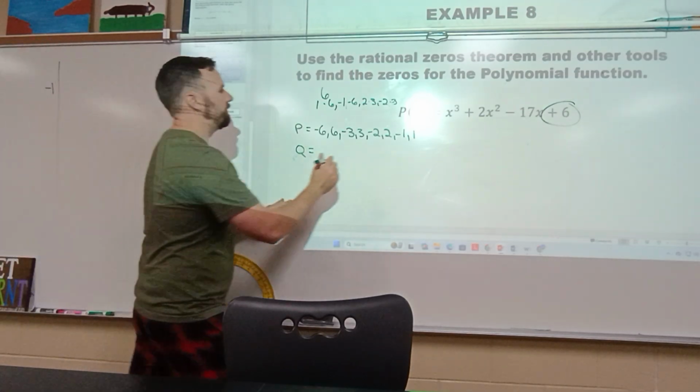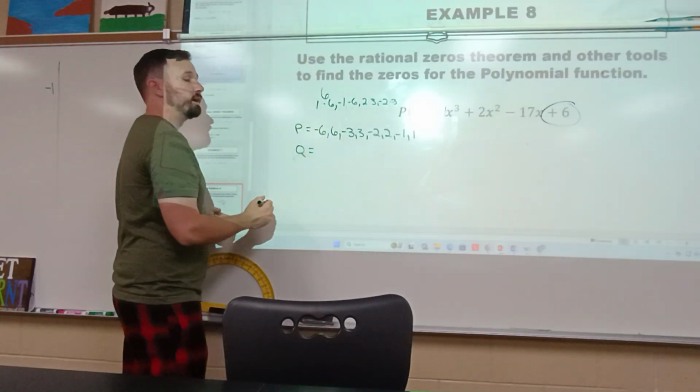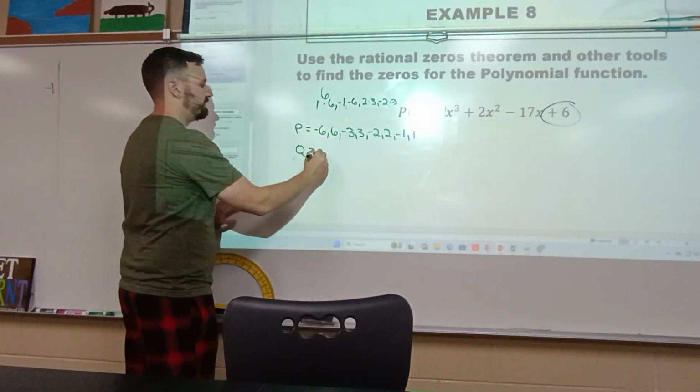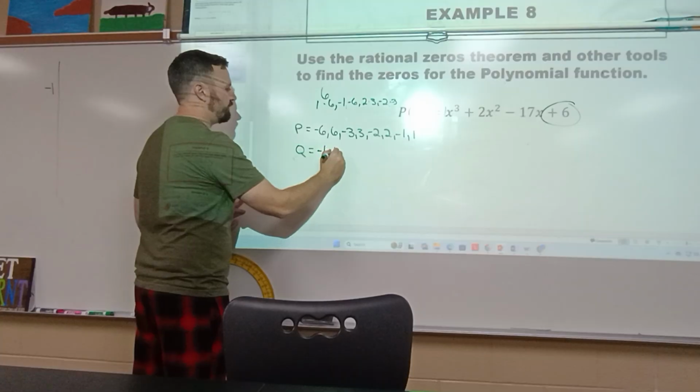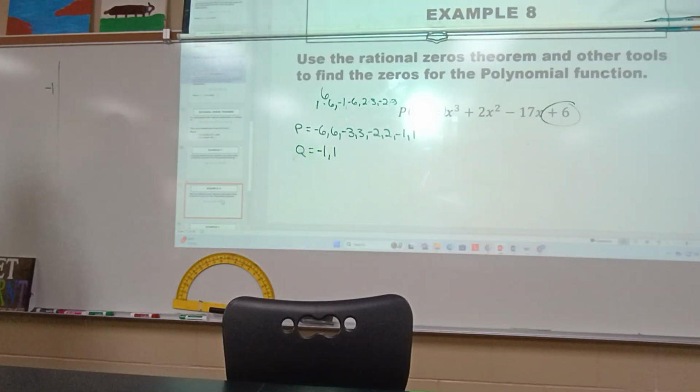What do I have in front of this x to the cube? The 1, right? Again, luckily, I have -1 and 1. I will not give you a problem with a number in front of the x with the highest power. Because if you do that, what does that do to my number of combinations? A lot.